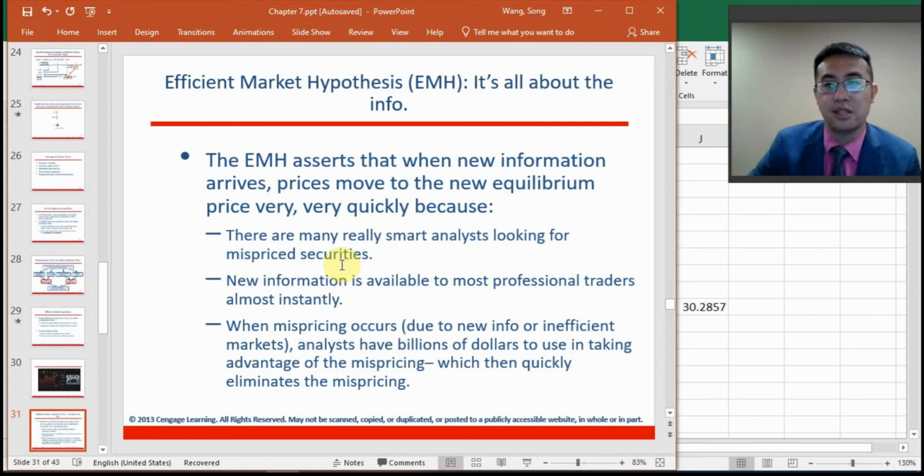If the stock price is undervalued, then they would buy the stock and make the stock price increase. So the price would get back to the right level. And that means the mispricing of either overvaluation or undervaluation will be immediately corrected.